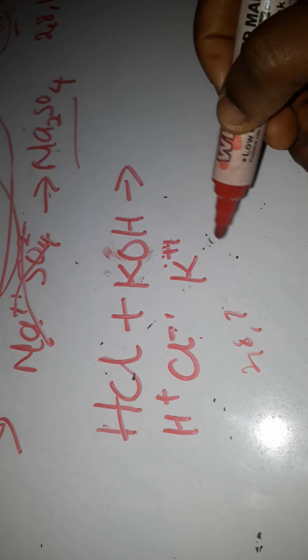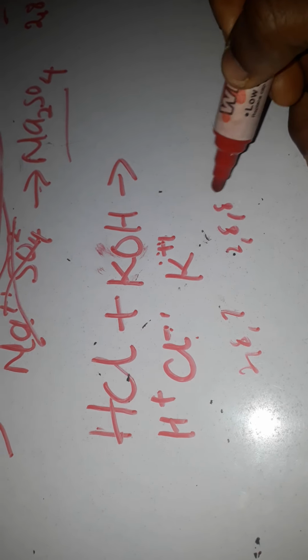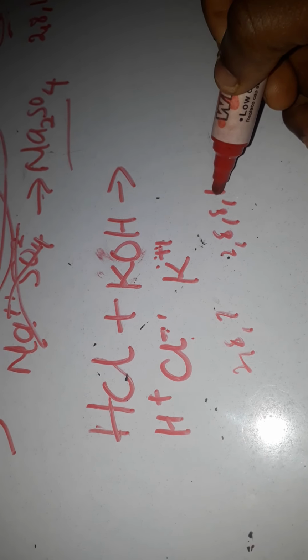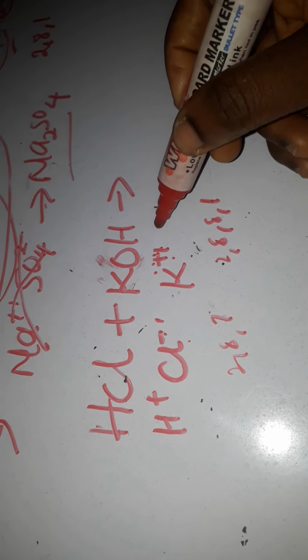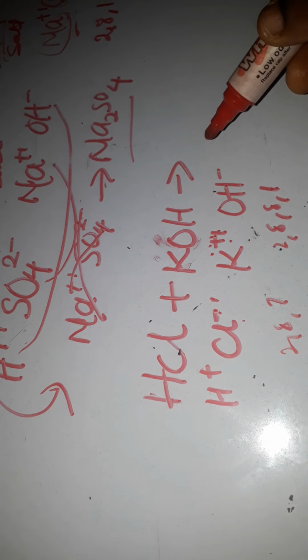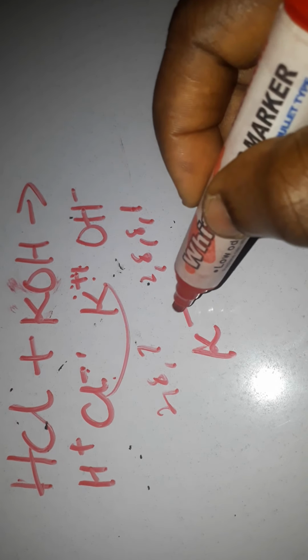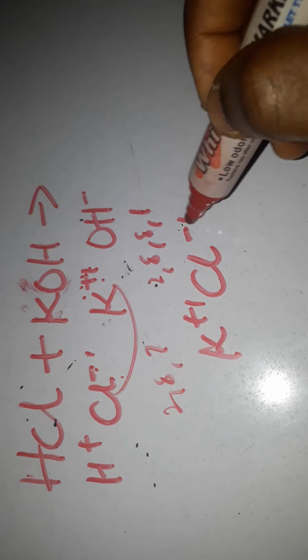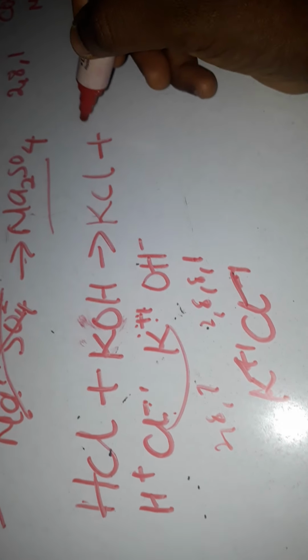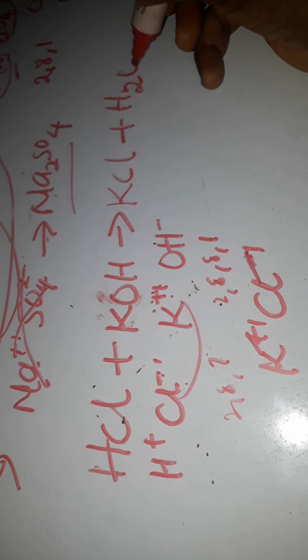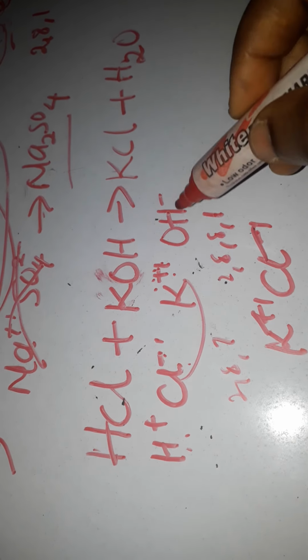Potassium is 19, with 2,8,8,1, and the 1 on the last shell is given out to become +1. The OH- radical has a negative charge. When the plus and minus combine, they cancel out to give potassium chloride. Between the hydrogen and hydroxyl, you get water.